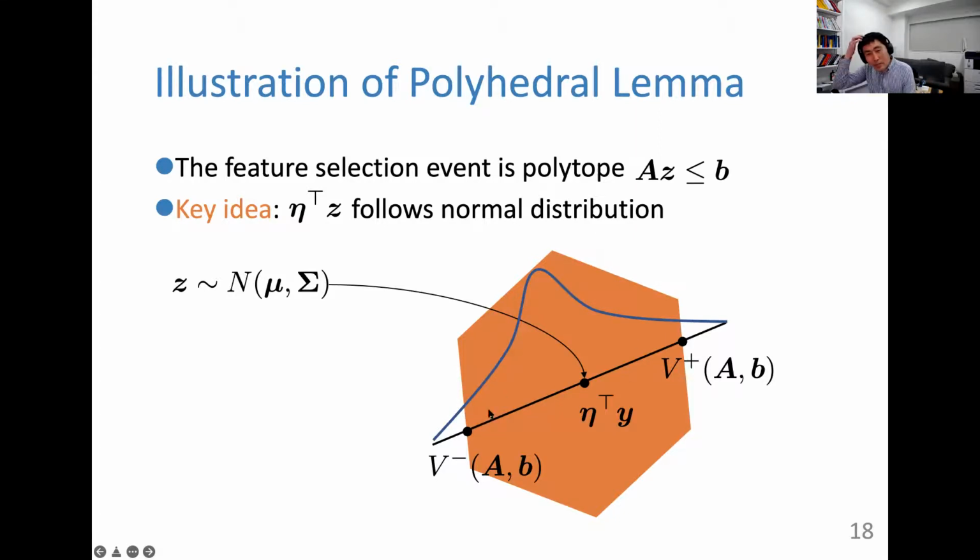However, because the values must be in this polytope, we need to cut this Gaussian distribution at the lower truncation point and upper truncation point. So this is a normal distribution, we cut at the lower and upper truncation, then after that, we slightly compensate. Then this becomes a truncated normal distribution.